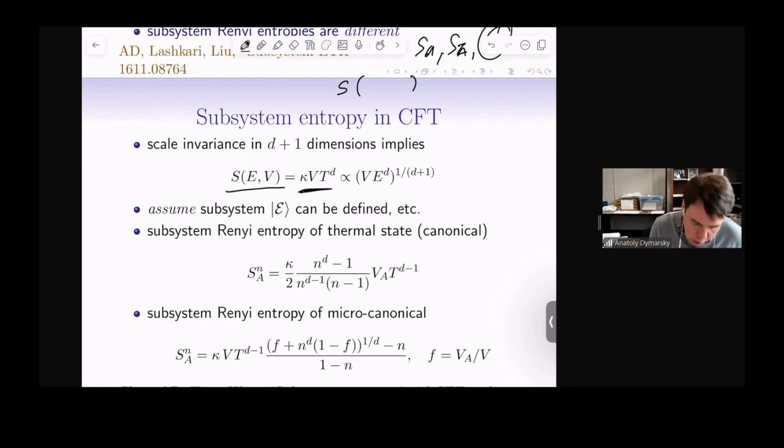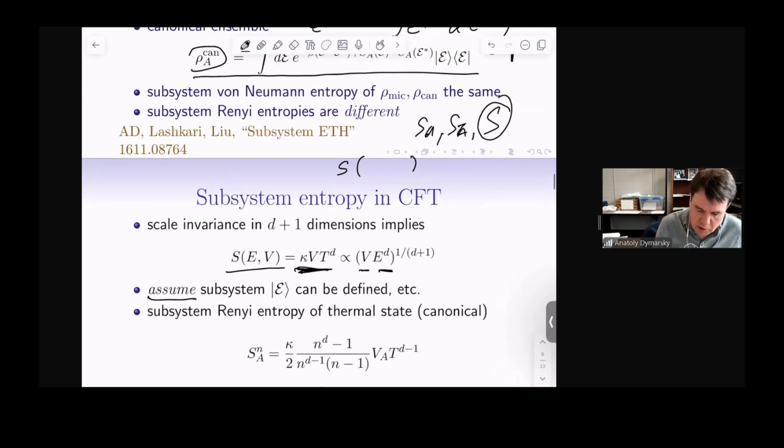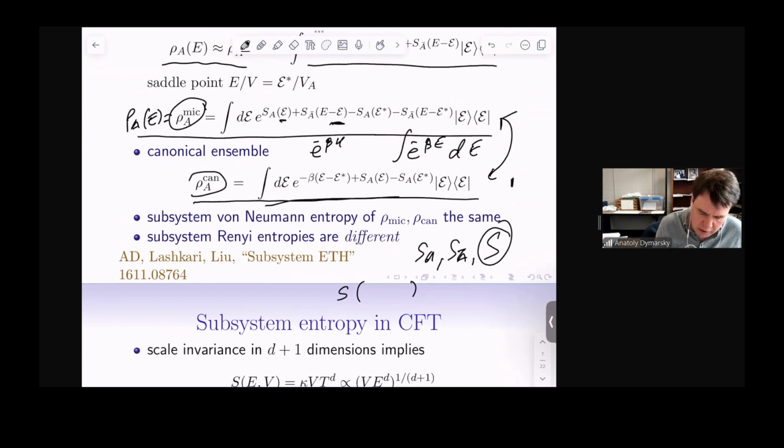Okay, so then all you need to do is to start with this formula, write it in terms of the volume and energy. And again, this is all fixed by dimensional analysis. Next, we assume, and that is an assumption in the CFT, that you can define the subsystem eigenstate. And then you basically apply the formulas from above. You take this matrix, and you plug them into the formulas for the von Neumann and Rényi entropy, and you calculate the integral using the saddle point approximation.